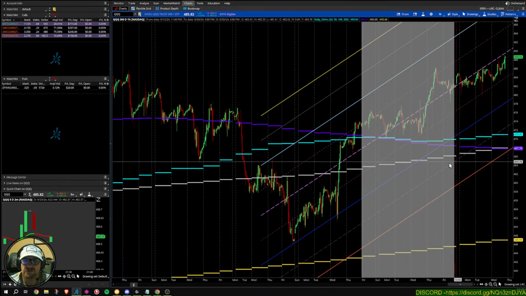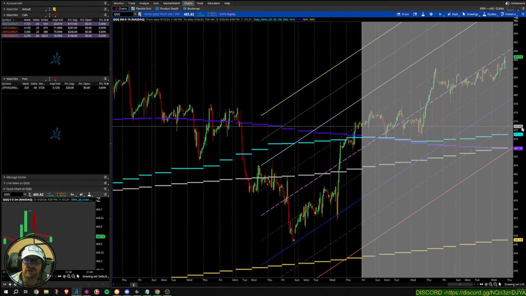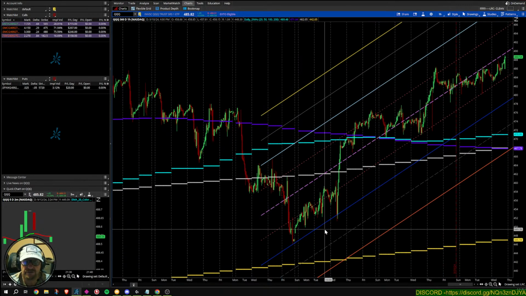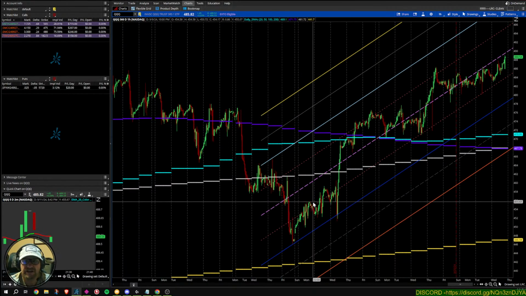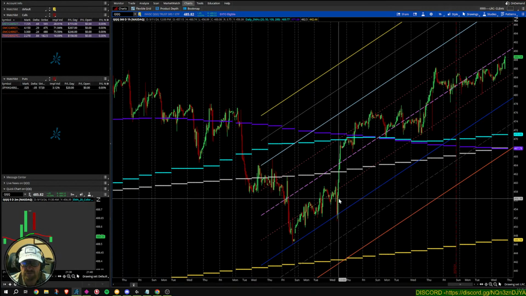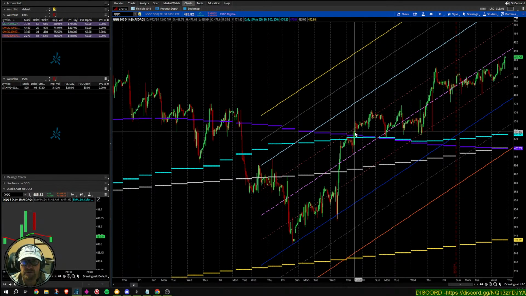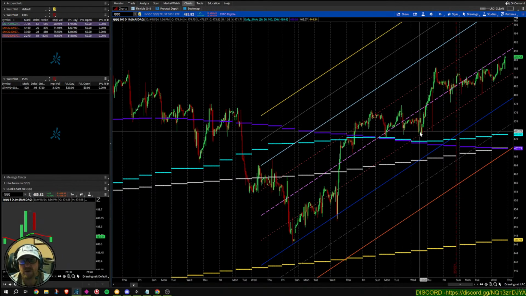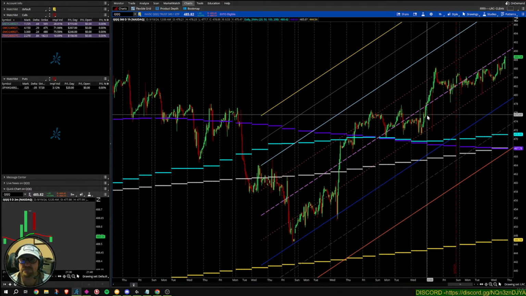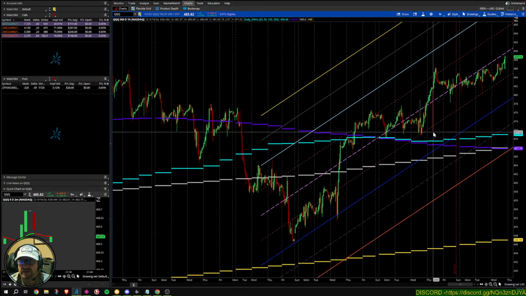Just looking at this one, you can see you had a move here, pushed up, consolidated around this line, came here, pushed up, went above this one, came up, came to this line, came back to this line. Some are way better than others, and this one's not the best, but it'll give us an understanding.